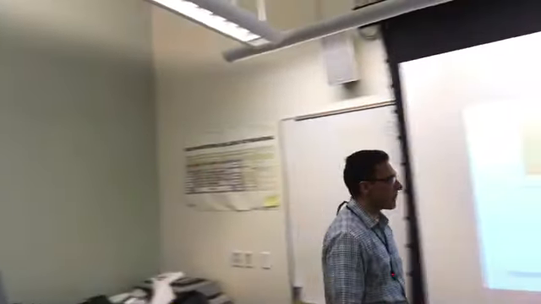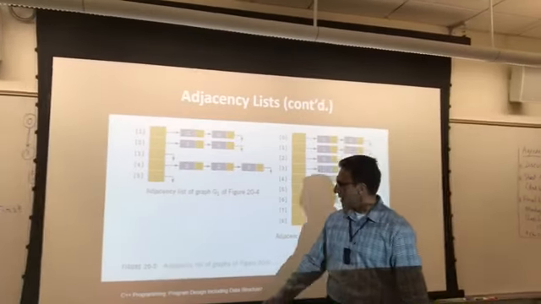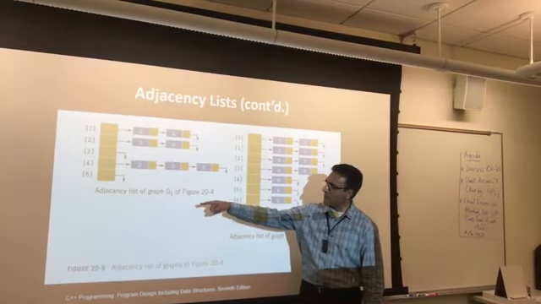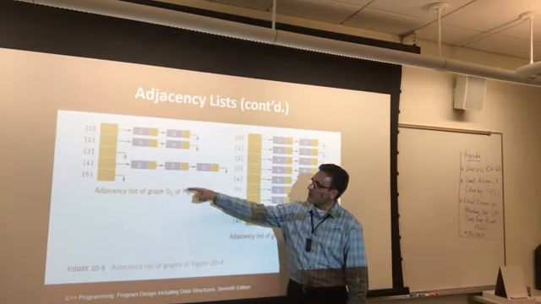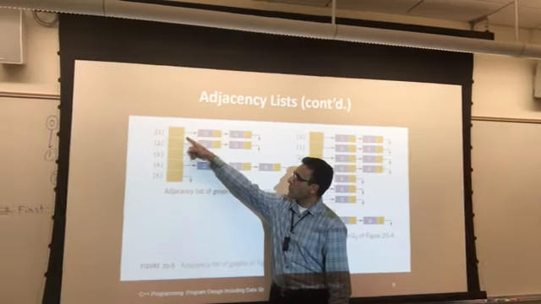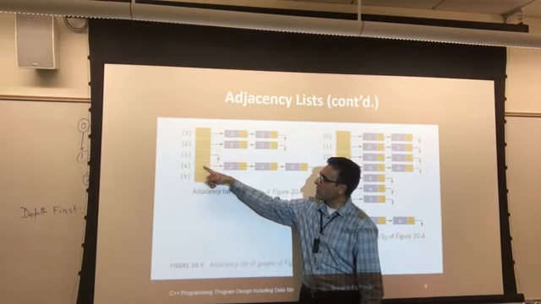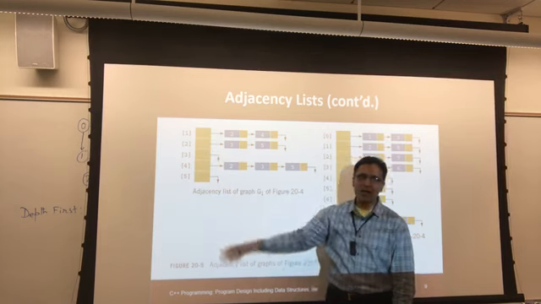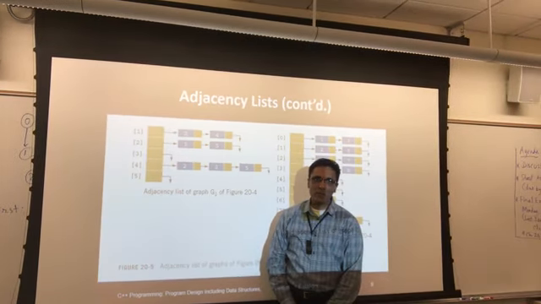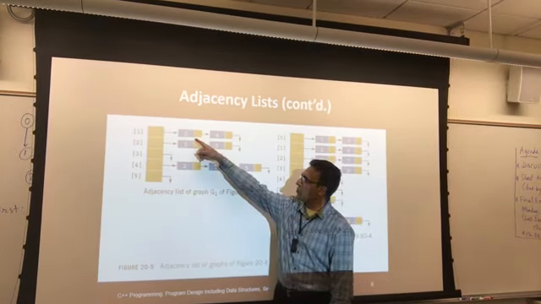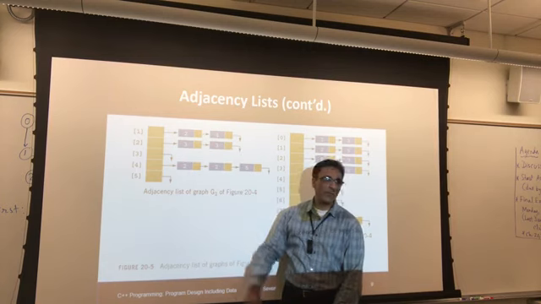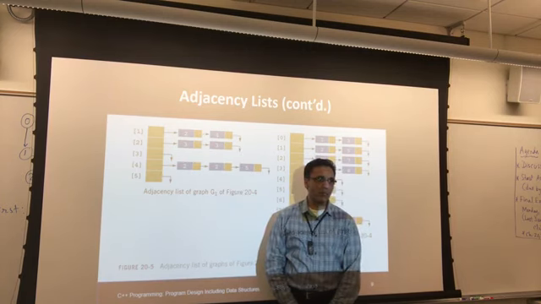So here's a good example. If I have data from graph 1 from the previous slide, here's my vertex 1, vertex 2, vertex 3, vertex 4, vertex 5. Let's say these are the 5 points. Vertex 1 is pointing towards 2, and 2 is pointing towards 4, and 4 has a null pointer.